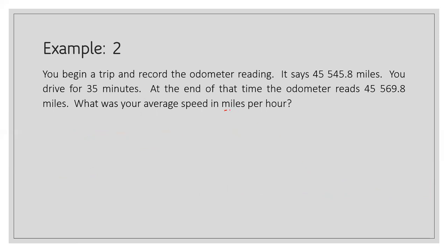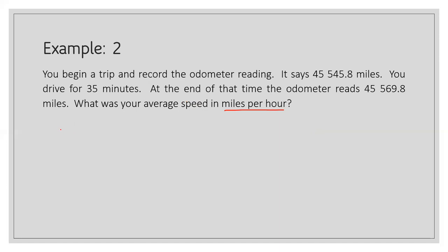So in this case, we don't have to worry about converting to meters per second because we want our unit in the end in miles per hour. Why do you think the word speed has been used instead of velocity? Speed's been used because we're assuming if you're doing a trip, you're going multiple directions. Because you're going multiple directions, we're going to use the word speed. So that's where that comes from.